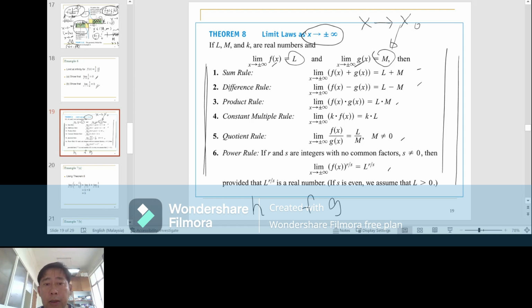Here, for the case of limit at infinity, the same set of rules also applies. So there's no difference between this set of rules and the set of rules that was mentioned in topic 2.2, except here the limit is taken at infinity instead of taken at x0.